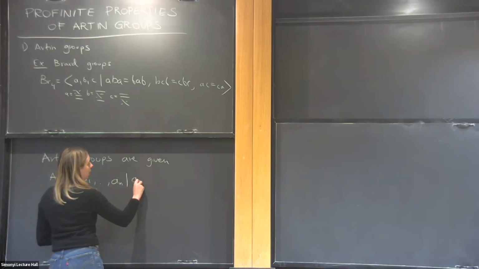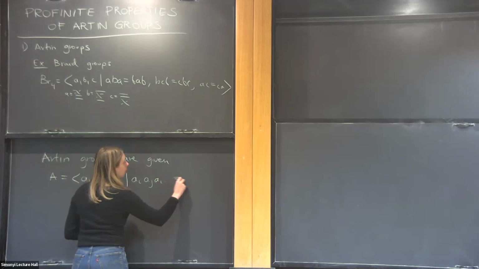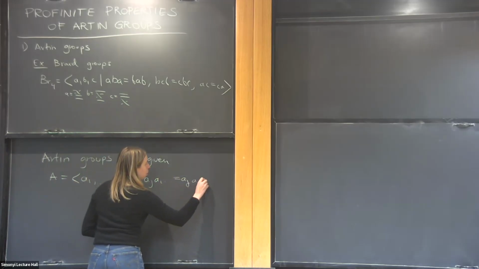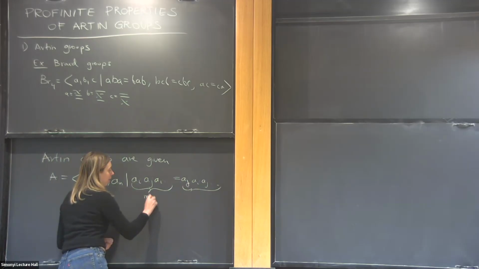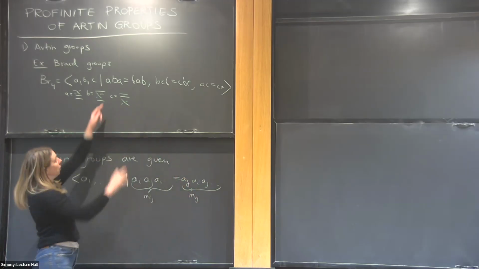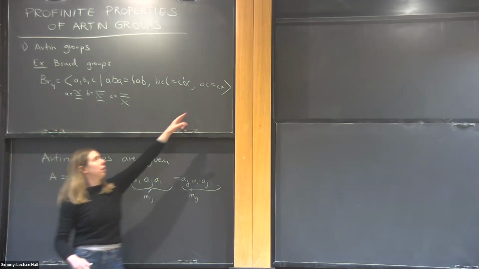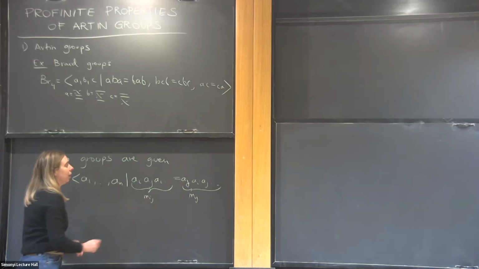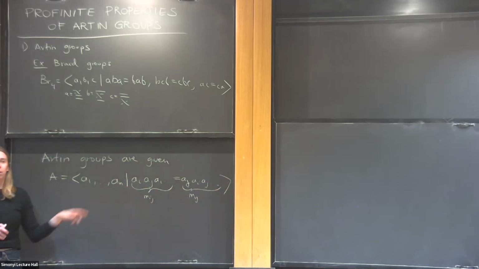Any pair satisfies a relation where an alternating word in those 2 letters of the same length, one starting with one letter and the other starting with the other, are equal. In particular, this is the braid relation when m equals 3. This is the commuting relation when m equals 2, and you can have longer relations. You can also have no relation involving two generators.